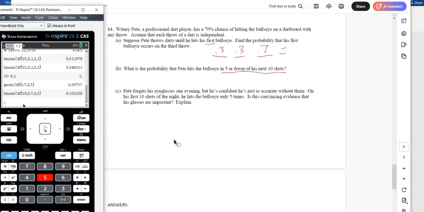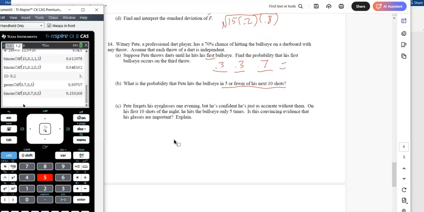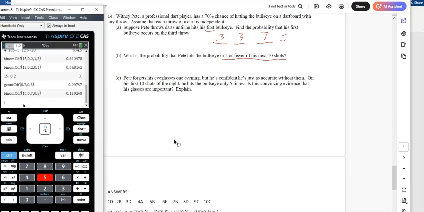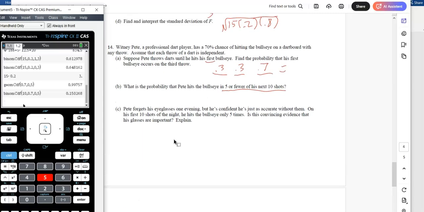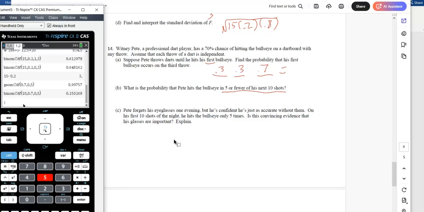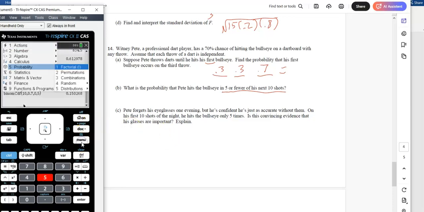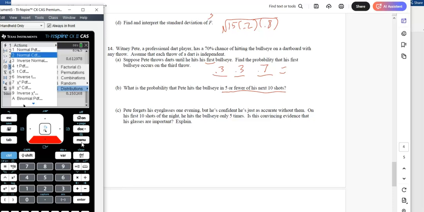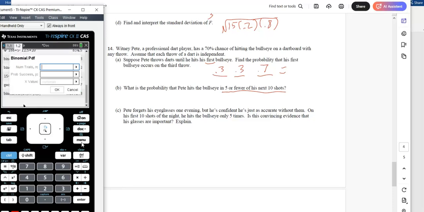And then part C. Pete forgets his eyeglasses one evening, but he's confident he's just as accurate without them. On his first 10 shots, he hits the bullseye only 5 times. Is there convincing evidence that his glasses are important? How unusual is it to get 5 out of 10, right? So let's go to menu 5, 5, A. Out of 10, probability of success is 0.7, and we want to get 5.